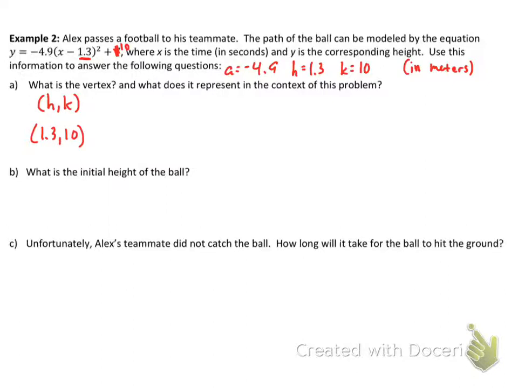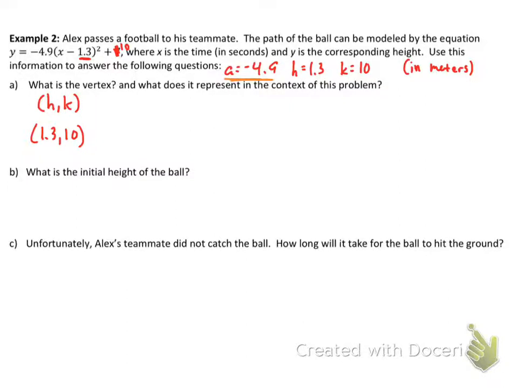And what does it represent in the context of the problem? Well, try to remember, a vertex is the high point or the low point of your parabola. And if I'm throwing a ball, it's going to have a maximum. We also can know that because the a value is negative, which means that this parabola is flipped.